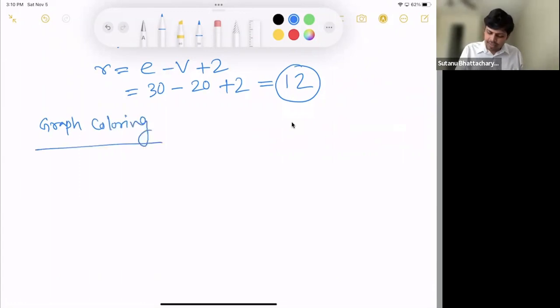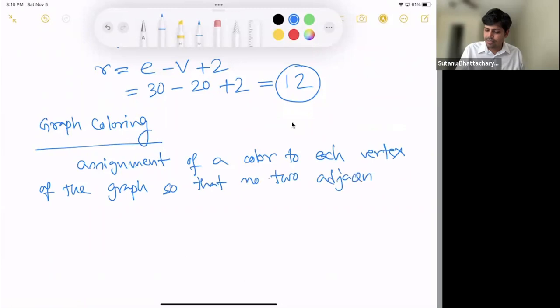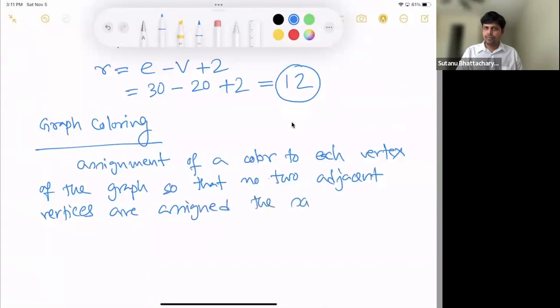Graph coloring is the assignment of a color to each vertex of the graph so that no two adjacent vertices are assigned the same color. That is the graph coloring problem.